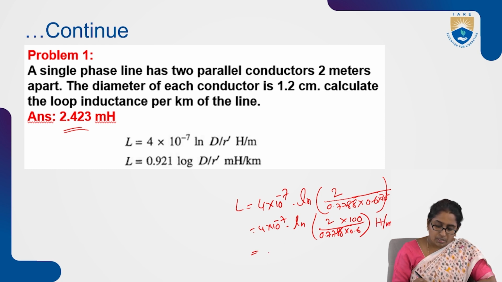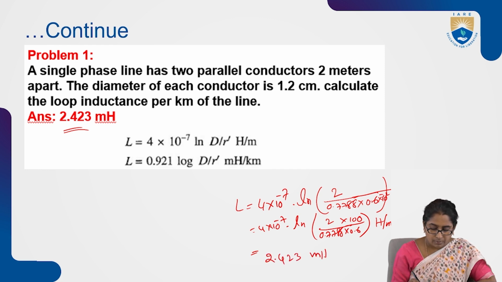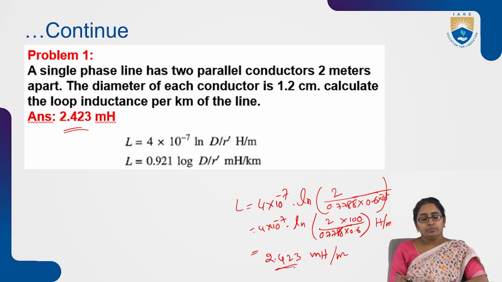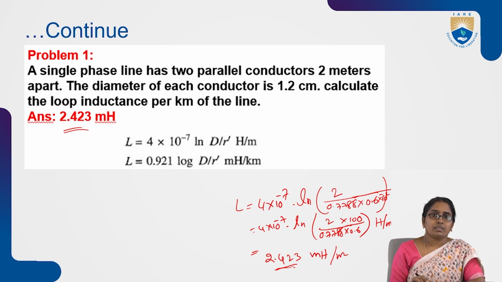After substituting and calculating using a calculator, we will get 2.42 millihenry per meter. So this is a problem based on single phase inductance calculation.